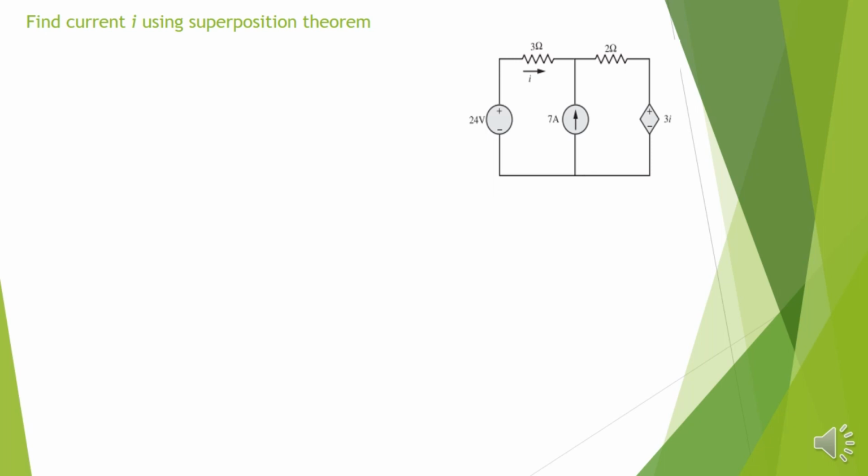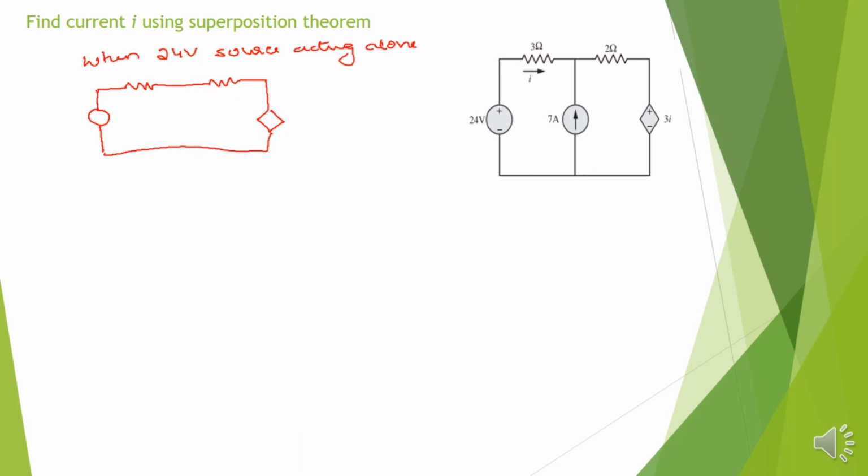So what happens when the 24 volt source is acting alone? When the 24 volt source is acting alone, this is the 24 volt source, this is 3 ohms, 2 ohms, and this becomes an open circuit.